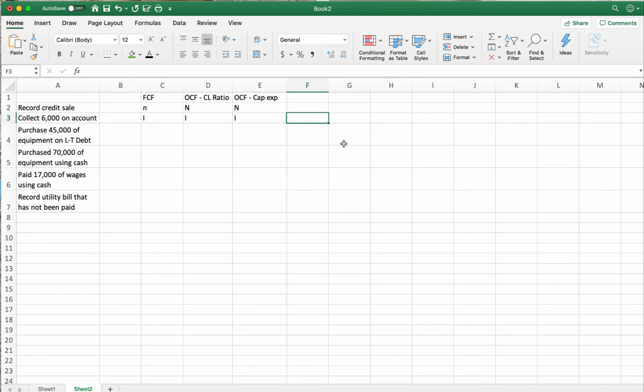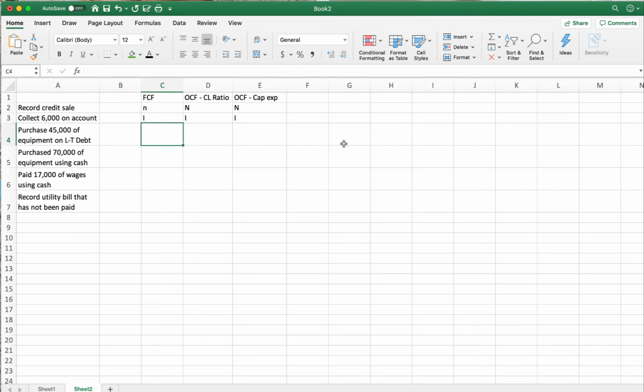In essence, that should increase it, okay? Same thing goes along with the operating cash flow and capital expenditures, right? We're increasing our operating cash flow. We're increasing the top number. So that should have an increase in the operating cash flow to capital expenditures ratio, okay?